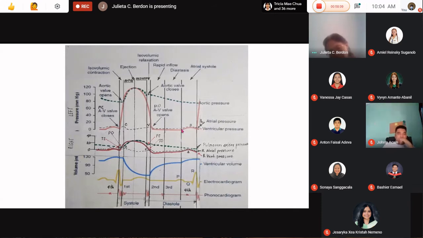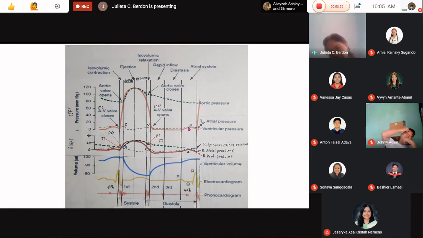Okay. Now, suddenly, the atrium will contract. And this was preceded by atrial depolarization. Look at the P wave in the ECG. Okay, this precedes atrial contraction. So, suddenly, the resting ventricle is interrupted by atrial contraction.